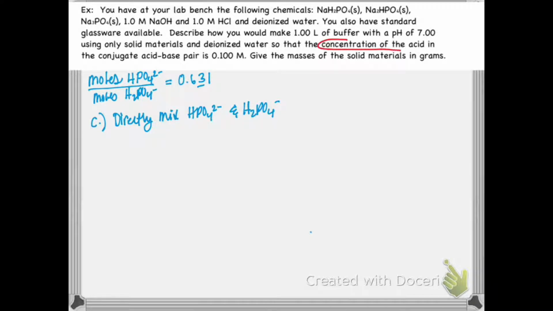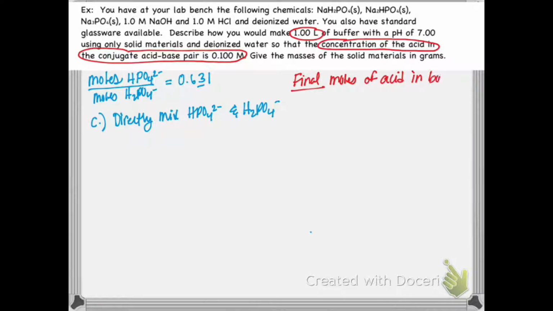So looking at what is given in the problem, it tells us that we want the concentration of the conjugate acid-base pair to be 0.1 molar, and we want 1 liter of it. So this is essentially our final amount that we want in our buffer. So our final moles of acid in our buffer can be calculated by multiplying the molarity, 0.1 moles per liter, times the volume, 1 liter. So that tells us we want 0.1 moles of acid in the buffer. So that's the H2PO4 minus. Well, how much of the base do we want in the buffer?